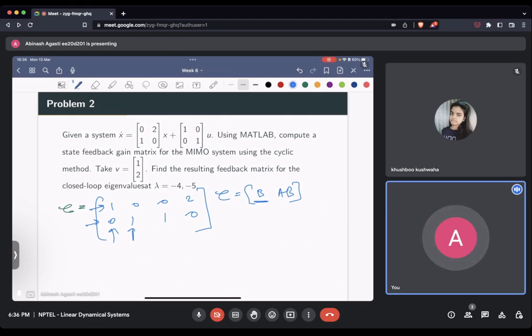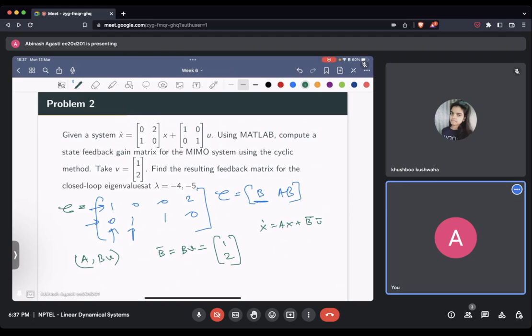Now we have to design for the single input pair system. A, BV, which means what is BV? BV I just get as 1, 2 because B is identity. So now this is my new system that I want to control. Let's say this becomes x dot equals Ax plus b bar u bar, where this is b bar.